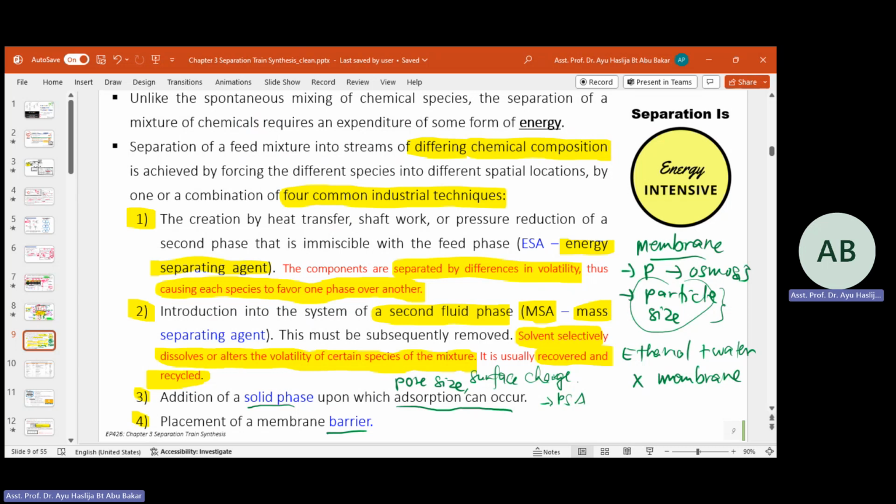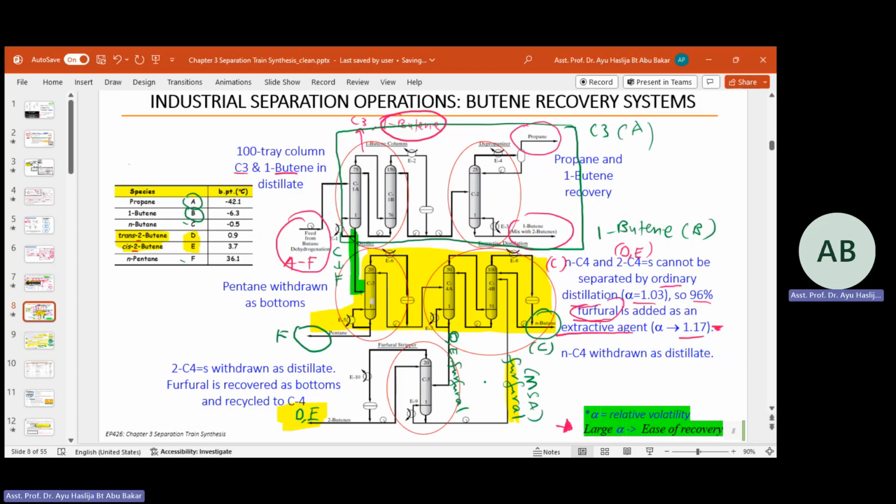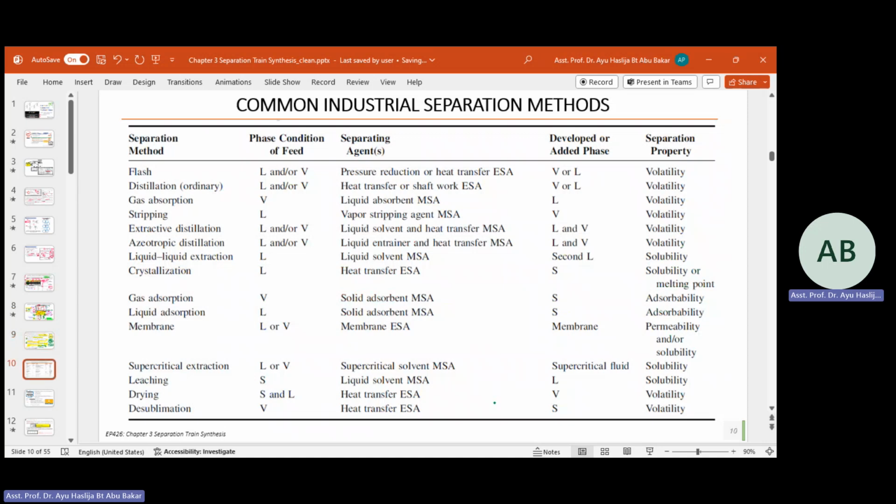Now, so these are the four common techniques. The one that I want to highlight now is technique 1 and 2, the ESA and MSA, how to use it. The MSA, as the previous one, peripheral. Okay, this is one of the examples. Now we can look into another example. This one you can read through, the common industrial separation methods.